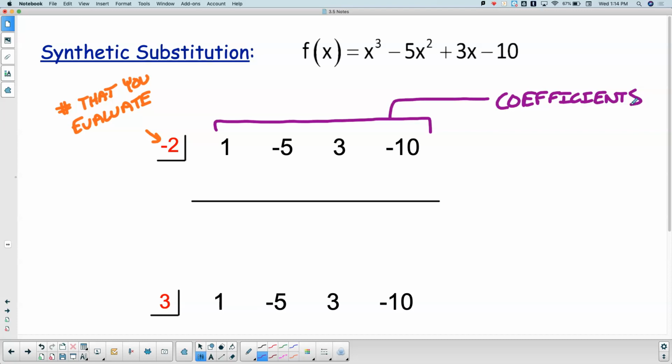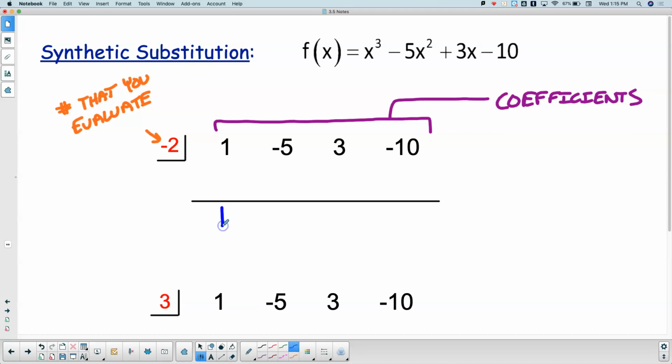So biggest exponent comes first, then the next biggest, and so on, and last comes just the numbers. Okay, so that's standard form. You've got to be in standard form in order to do stuff synthetically. Okay, that's crucial.